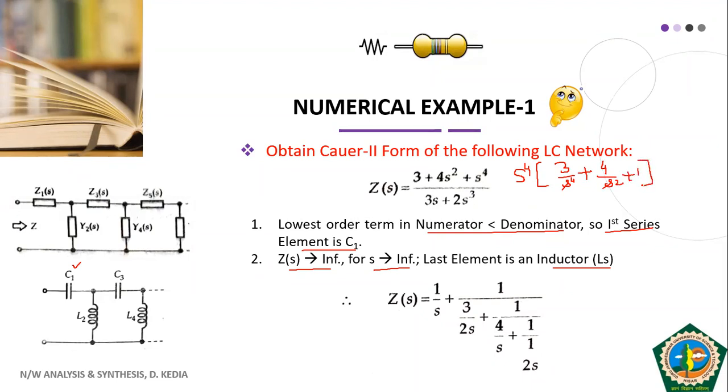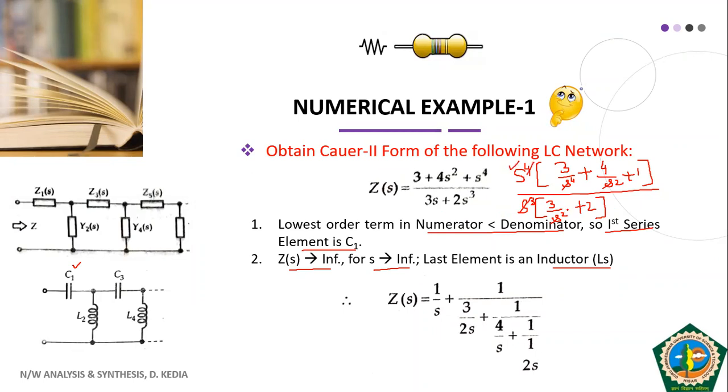This is what we get in the numerator. In the denominator, the highest is s cube, so we take s cube common. If we do that, we get 3 by s square, plus 2. Now this s cube will be cancelled, and the power 4 will be reduced, so we're left with s only.